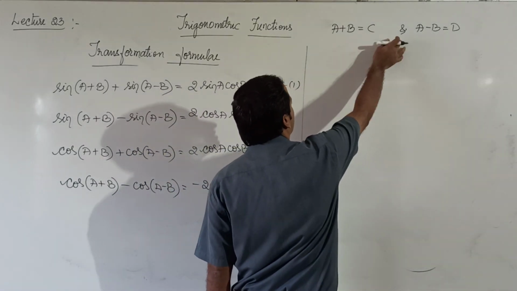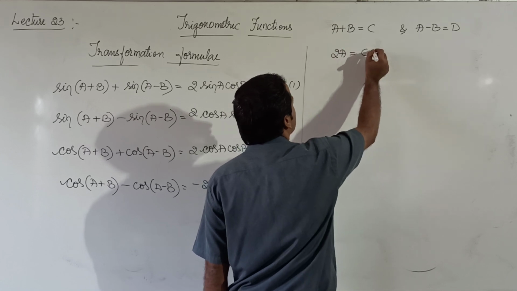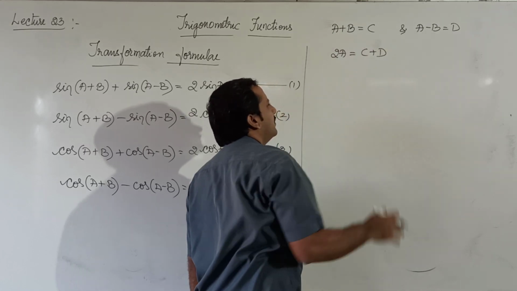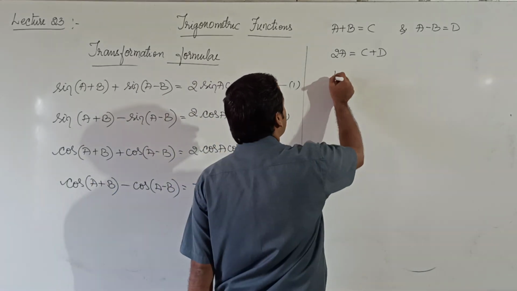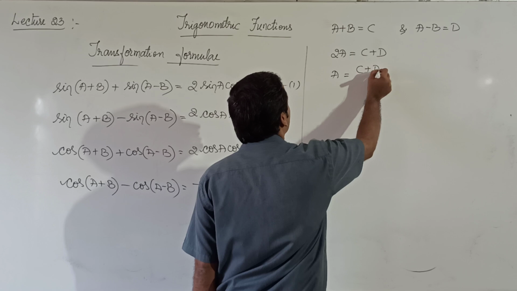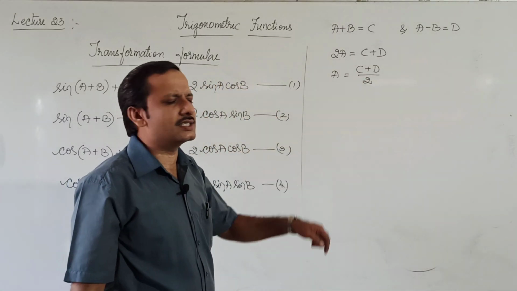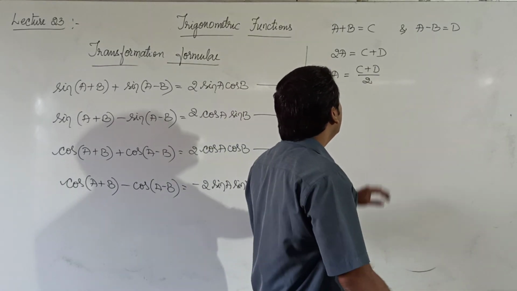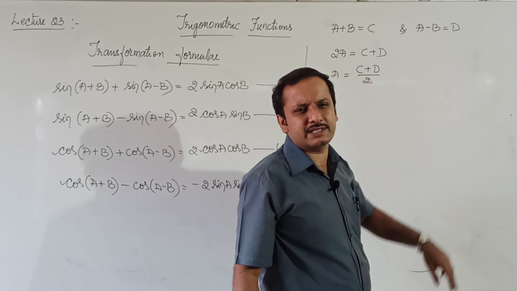If I add these two equations, I am getting 2a is equal to c plus d. When I add them, b gets cancelled. So 2a is equal to c plus d, that means a is equal to (c+d)/2. Then I will subtract these. When I subtract them, a+b minus of a-b, that a gets cancelled.